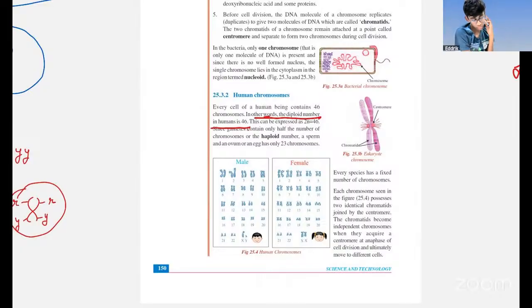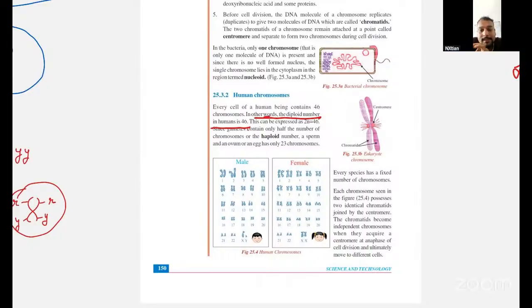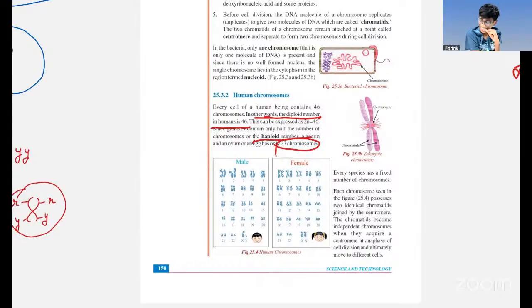And in the haploid condition, it will become 22 plus X or 22 plus Y. So in the haploid condition, basically it's 23 chromosomes. How can the 23 be separated? 22 plus X or 22 plus Y. Got it?